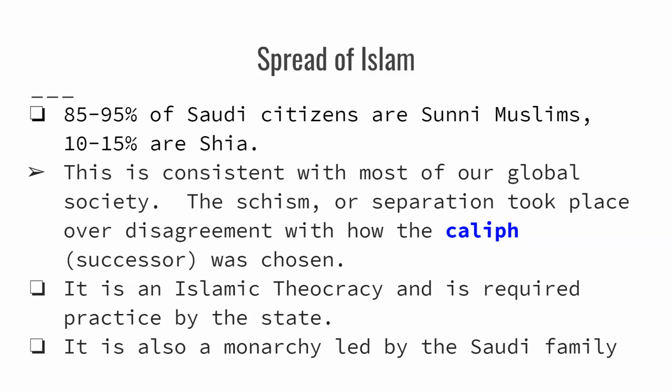The other one we could use is monarchy, one that is led by the Saudi family. There is a monarch within that family, so it's one of those examples we have in the world today of an absolute monarchy.